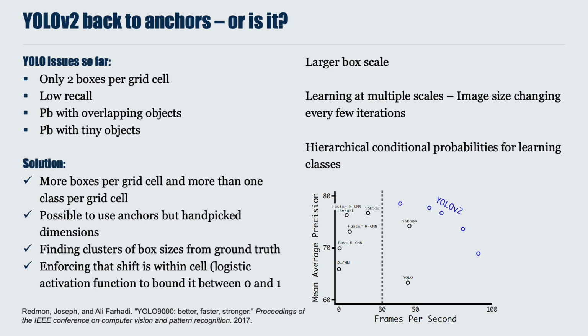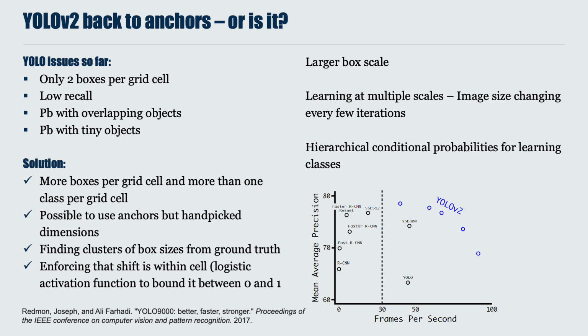So the solution was to consider more boxes per grid cell and more than one class per grid cell. For instance, a head and a tail could typically be an example of things that you could have within a cell, but they would belong to different classes.